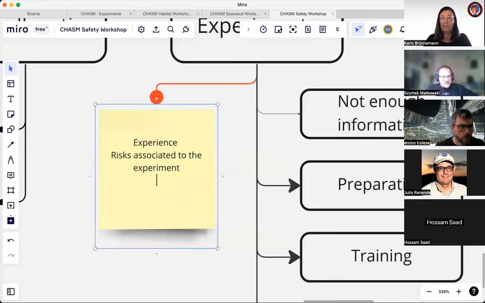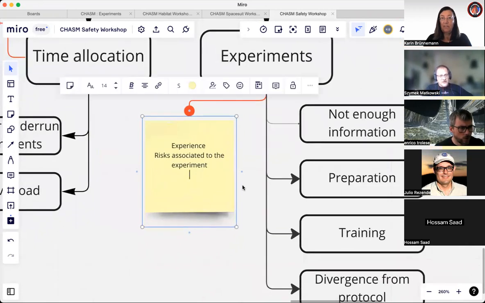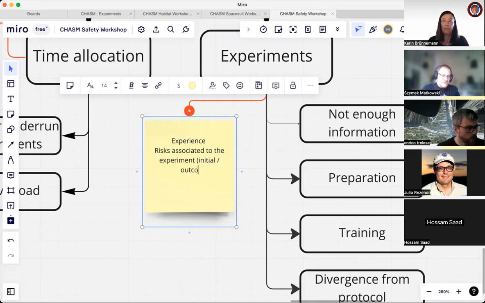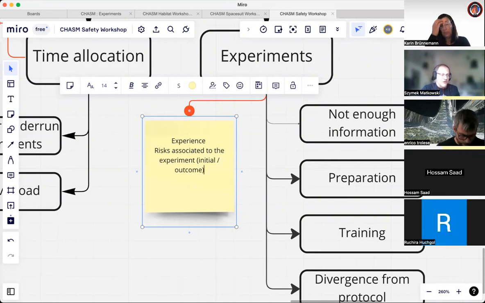And each time, risks should at least be noted before the mission starts, and then before the experiment starts, all the risks should be reassessed in terms of possible outcome to infrastructure. It's like batteries, overloading the batteries.